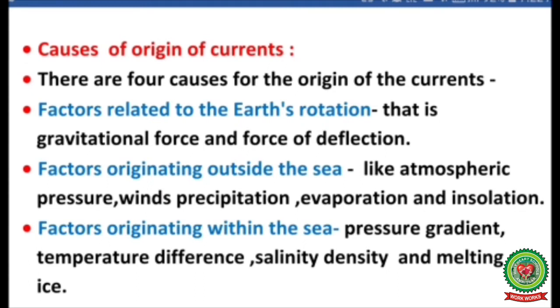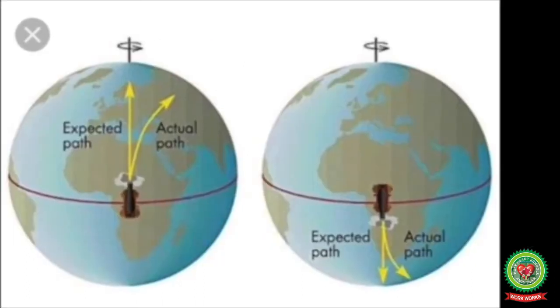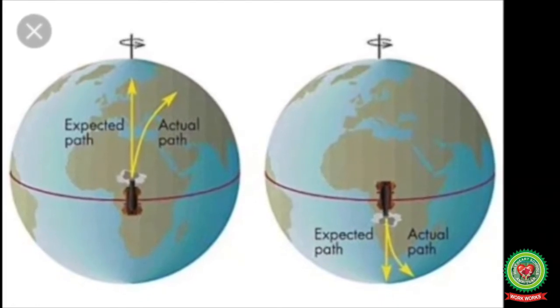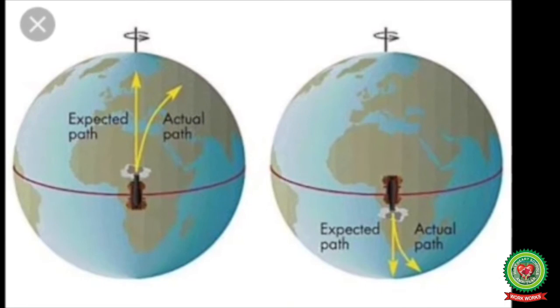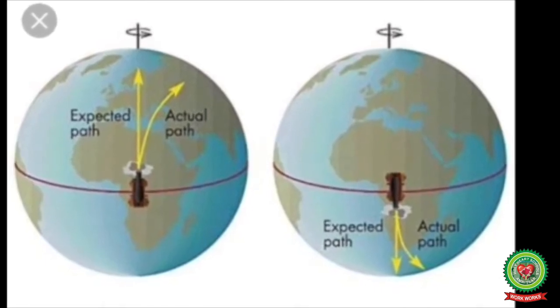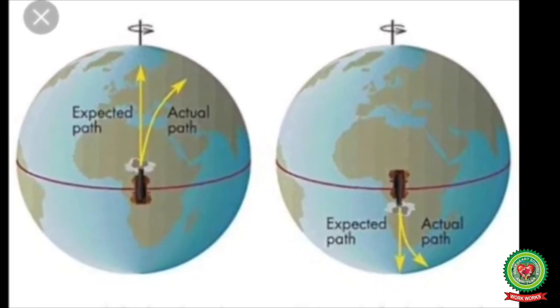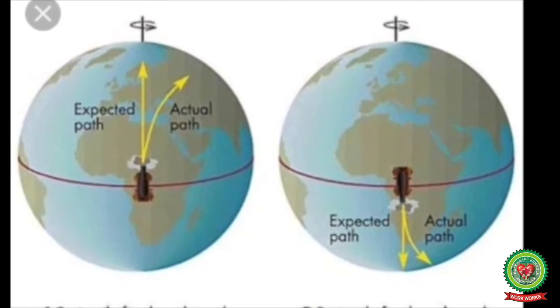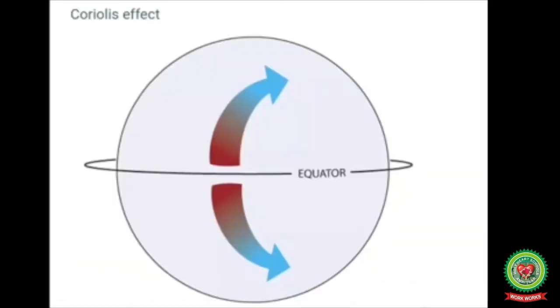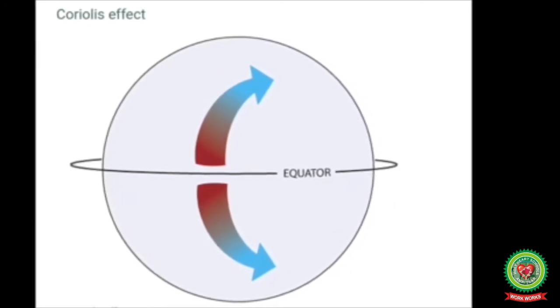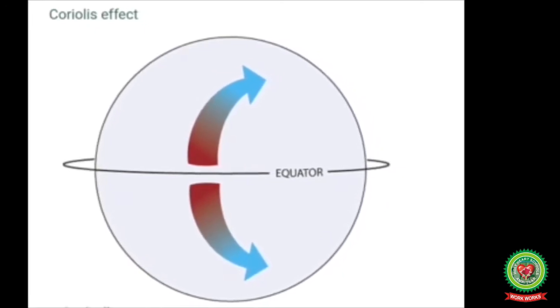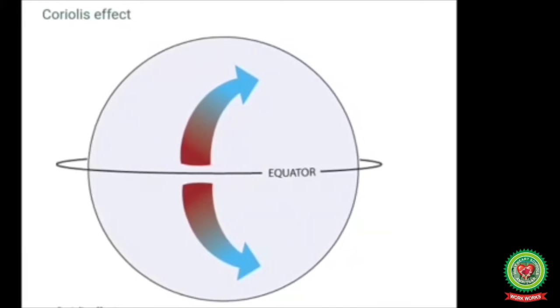Due to the rotation of the Earth, a force of deflection is created on the Earth's surface, which deflects the water and the air to their right side in the northern hemisphere and to their left side in the southern hemisphere. So, the ocean currents are always deflected towards the right side in the northern hemisphere and towards their left side in the southern hemisphere.